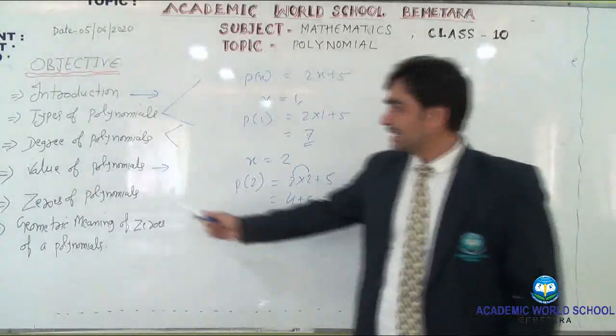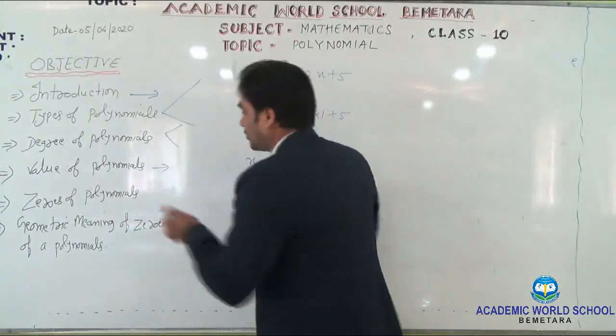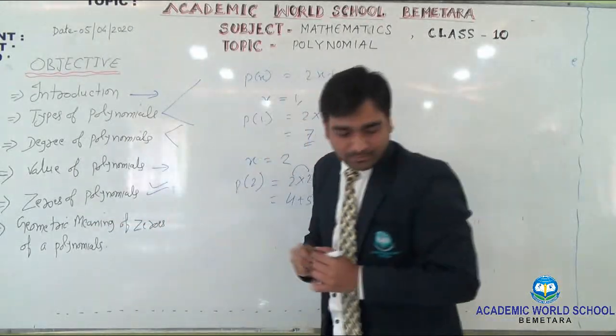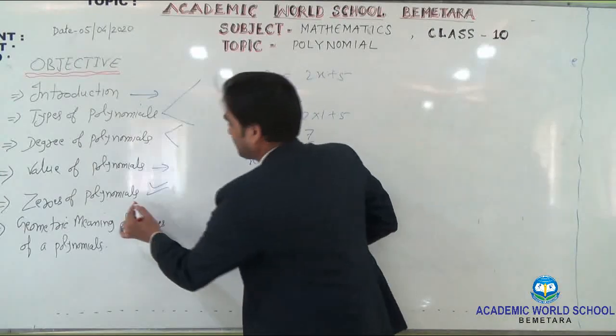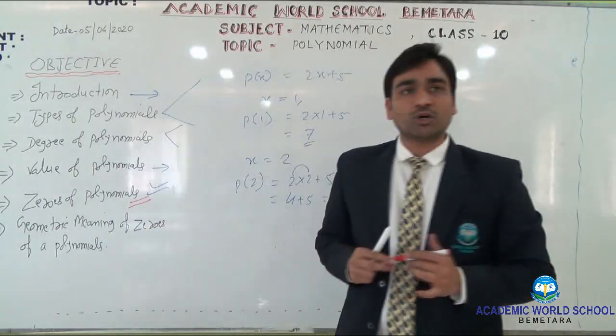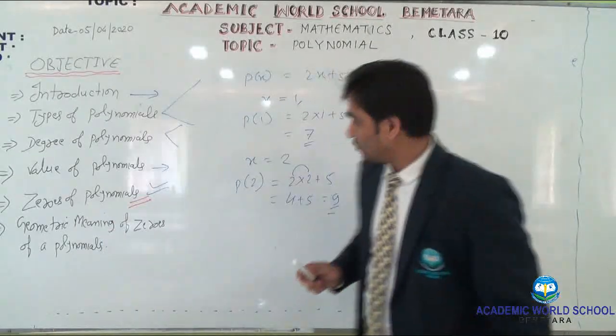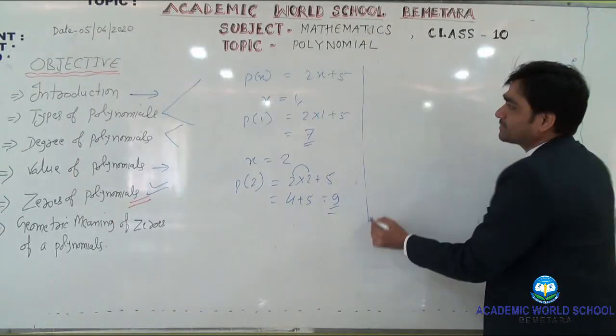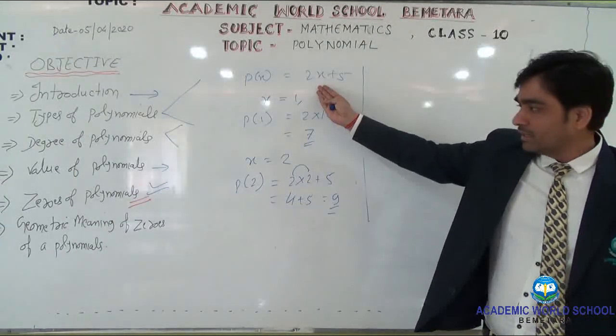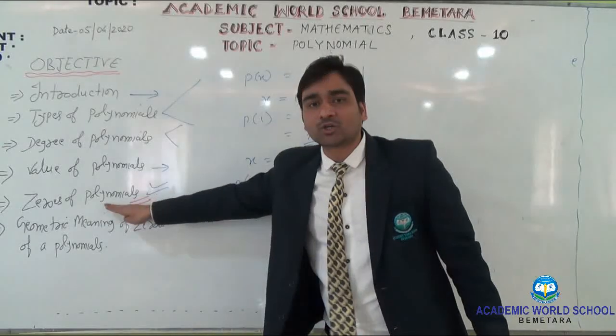Now we will come to the next topic, zeros of the polynomial, and this is the most important. We have just seen the value of the polynomial. Now we will see the zeros of the polynomial.